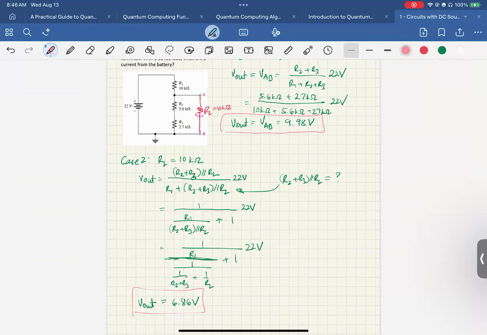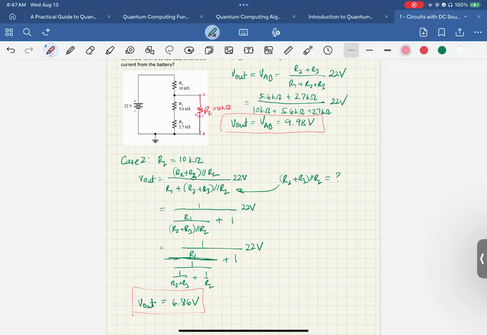So when there's no load resistance, you get an output of 9.98 volts. But when there's a load resistance that's about 10 kilo ohms, then you get an output of 6.86 volts.